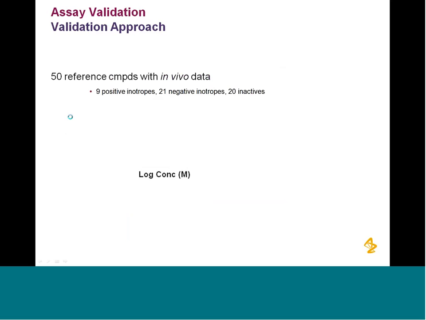Now, we're sort of past assay development. You'll see data quality is very good. We're into assay validation now, and for this, we wanted to validate the assay. We need compounds with in vivo data.